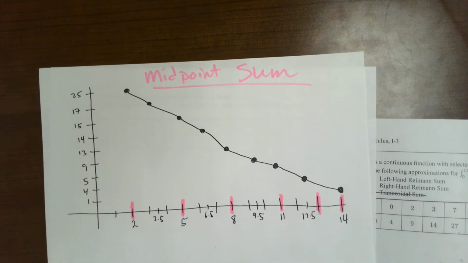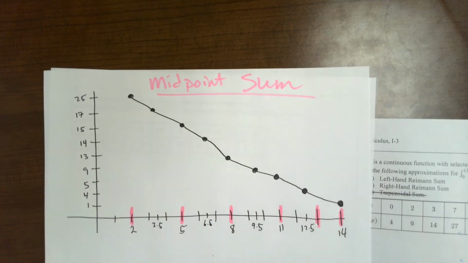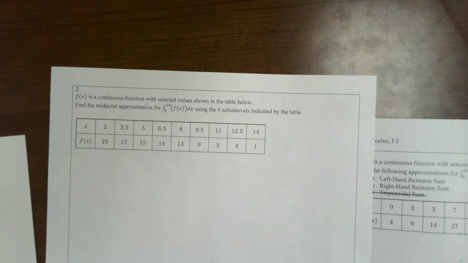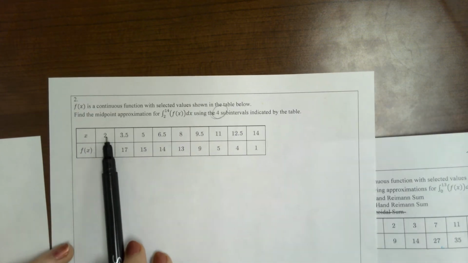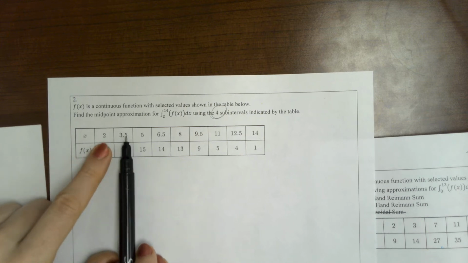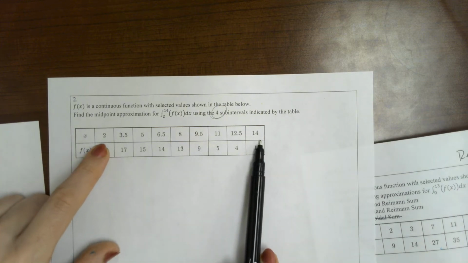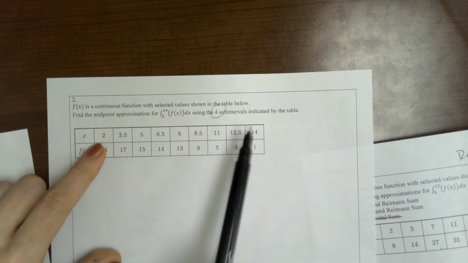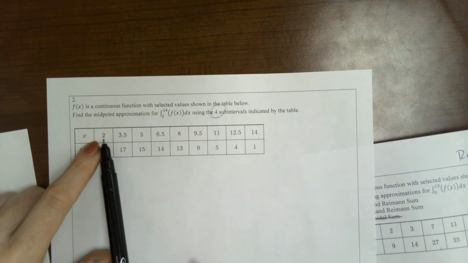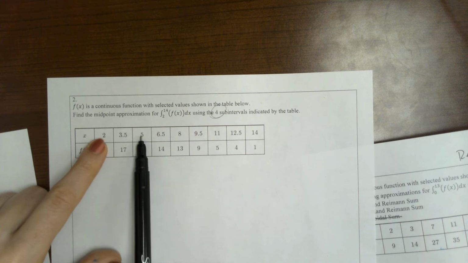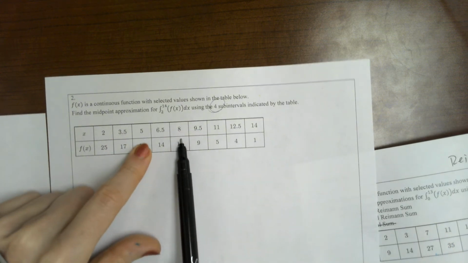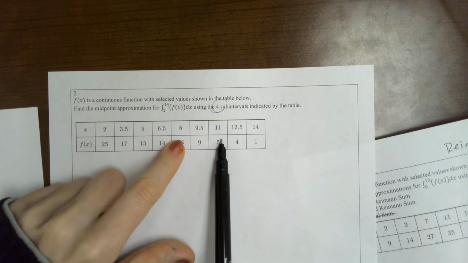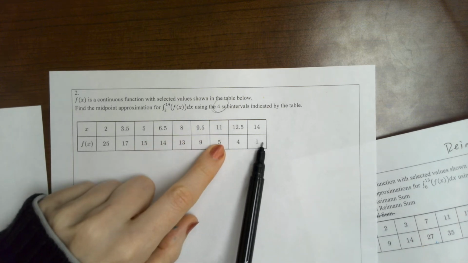So from this table, I did a sketch of those points. The function's continuous, so I can connect them. And 4 subintervals. If I want to split from 2 to 14 into 4 subintervals, it would be from 2 to 5, from 5 to 8, from 8 to 11, and then from 11 to 14.